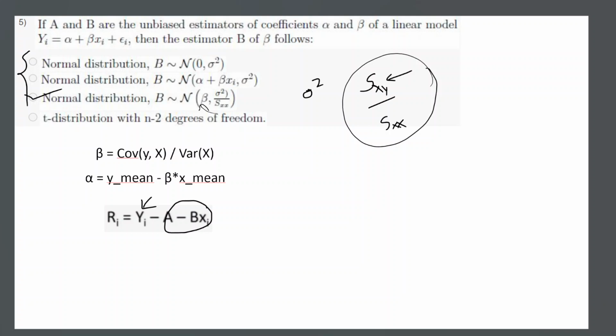Hence this is the mean value, and the variance is given by sigma squared by Sxx. The distribution of the standard deviation follows the chi-square distribution, but the estimator B itself follows a normal distribution. So the answer is C.